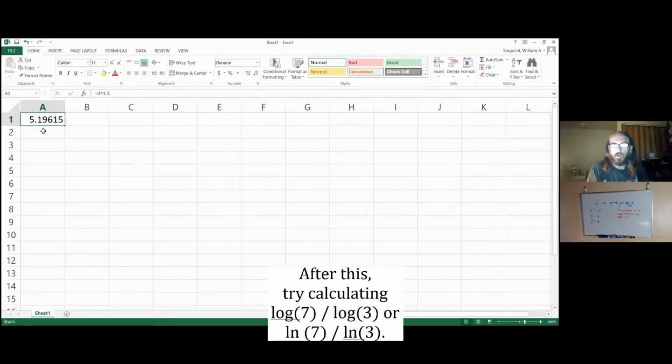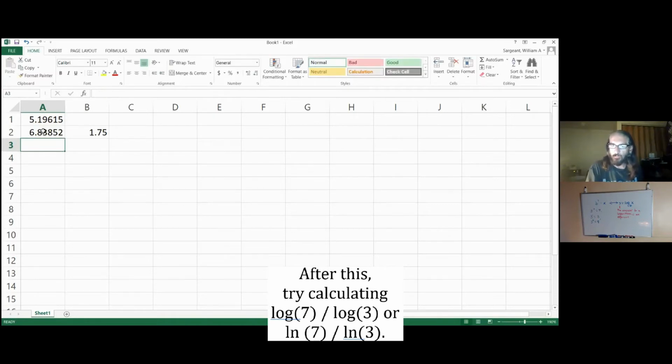So because I'm too low, now I'm going to go between that 1.5 and 2. Let's go halfway in between there. So let's go to 3 to the 1.75 power.